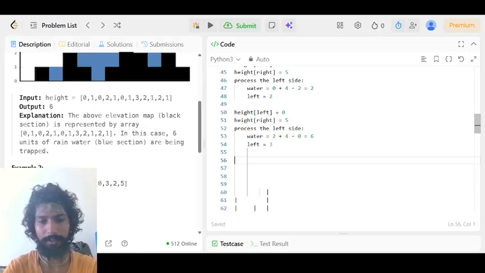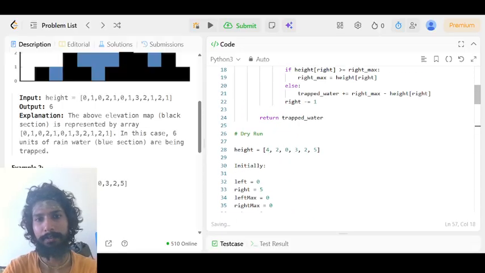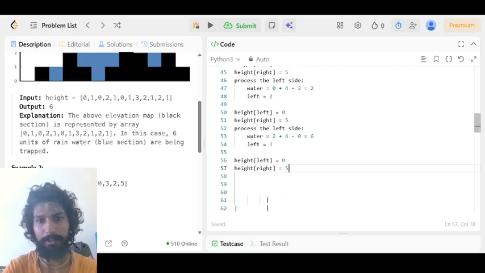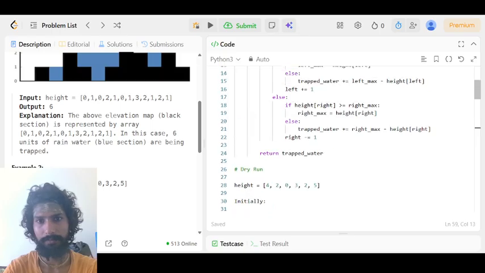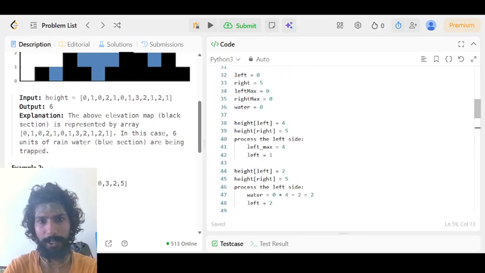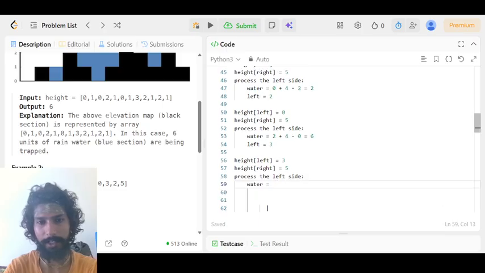Now again I will check height left and height right. So height left is now 3. Again I will process the left side, and water will become, my left max was equal to 4 and height left is 3.